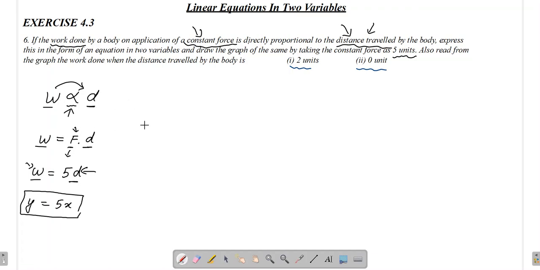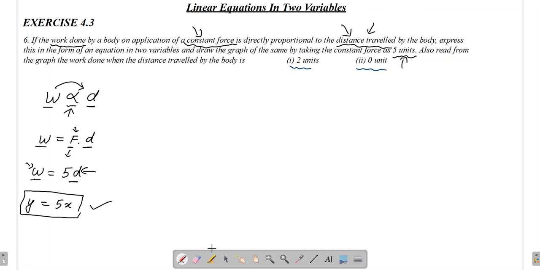So I have used a constant as F. So work done is equal to force into displacement, and now the constant force is of 5 unit as mentioned in the question. So W is equal to 5D, or in terms of X and Y, Y is equal to 5X. So this is the required equation.